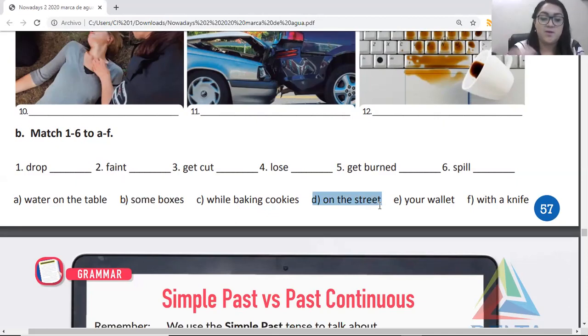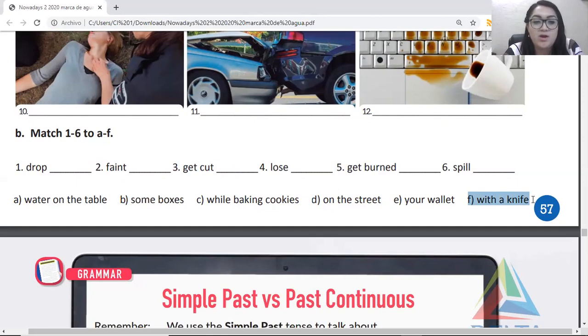Okay, please copy this down. Then we have number 3. Get cut, cortarse with a knife, con un cuchillo. Get cut with a knife.